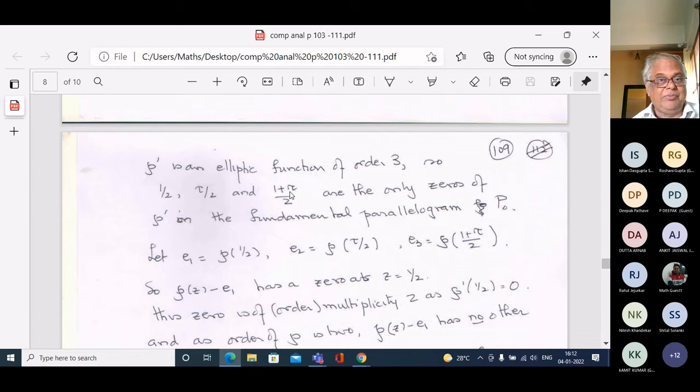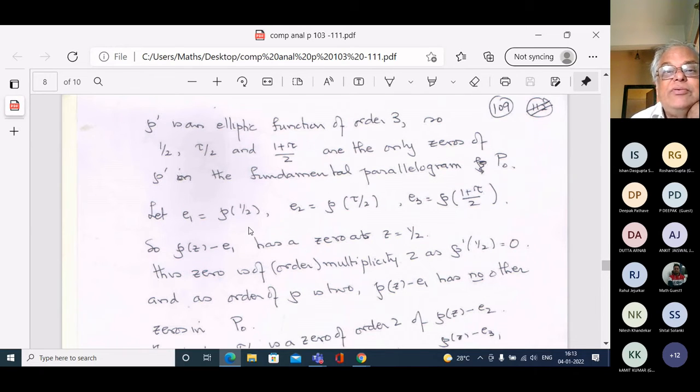Remember the periods are what? The periods are 1 and tau. So 1/2 and tau by 2 are the half periods, and therefore (1 plus tau) by 2 is also a half period. These are called the half periods of P.